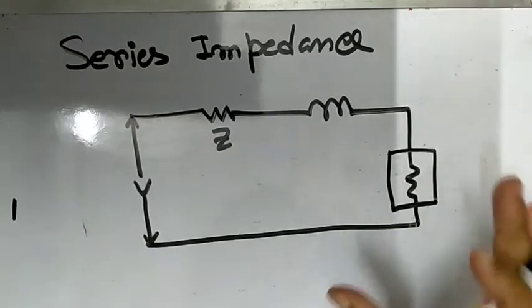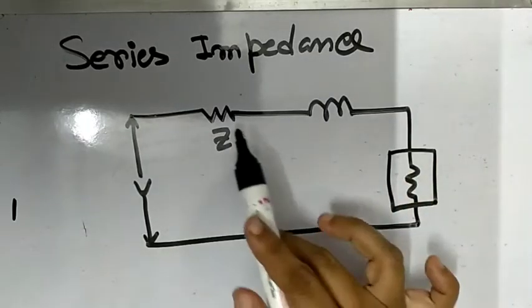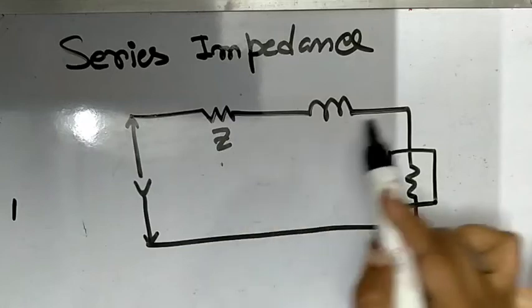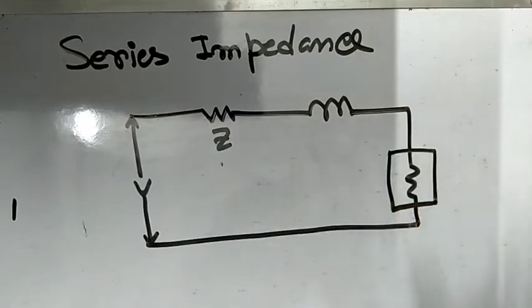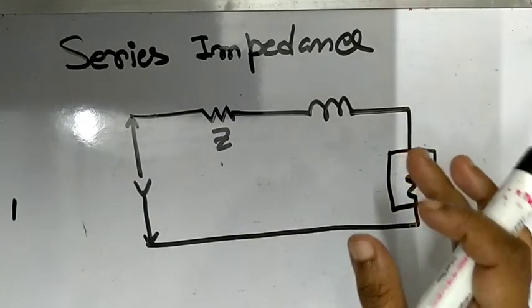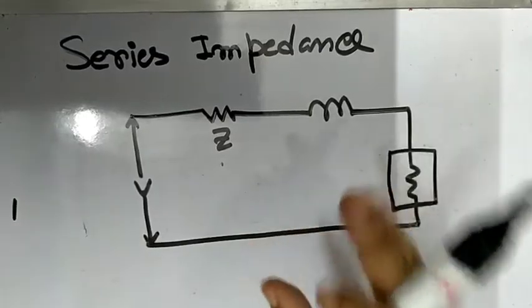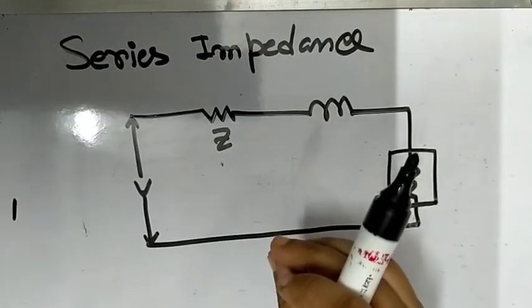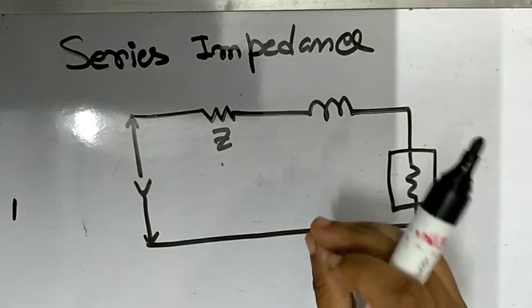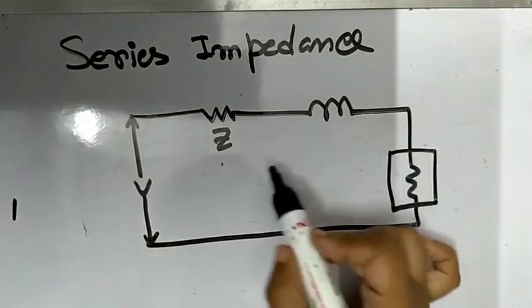By connecting impedance in series with the element, we apply reduced voltage to the element and therefore reduce the current, and this method is wasteful and therefore used only for small furnaces.